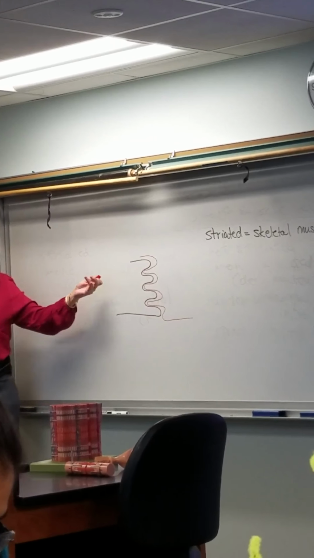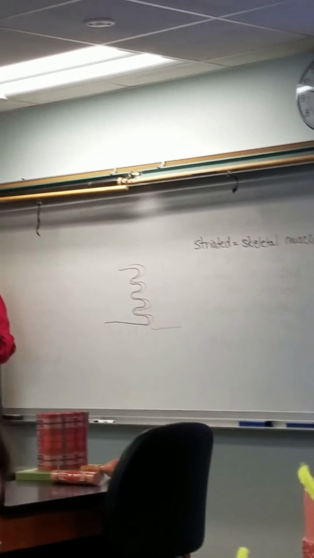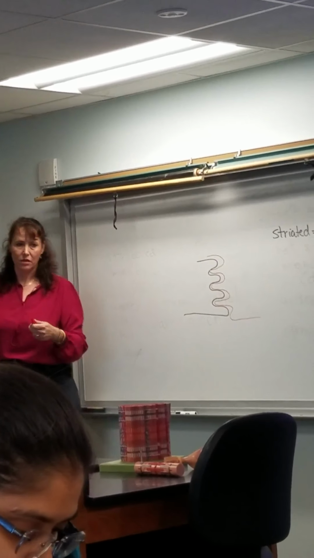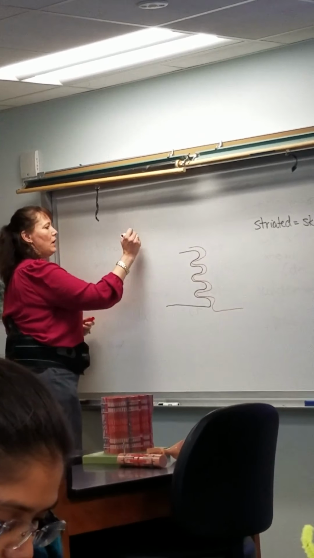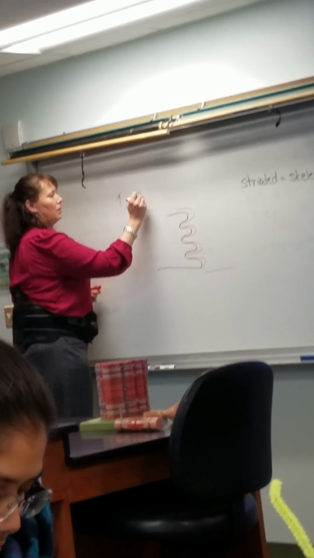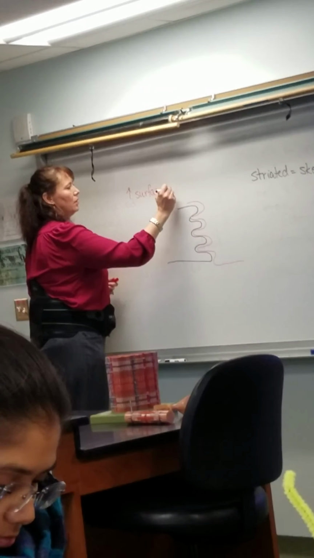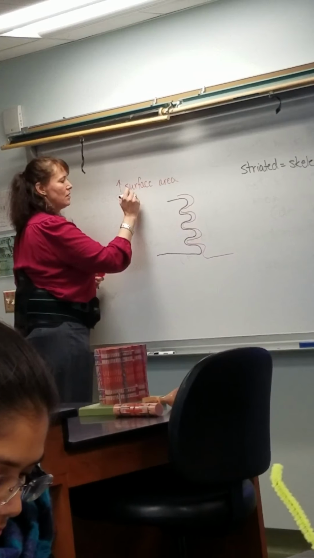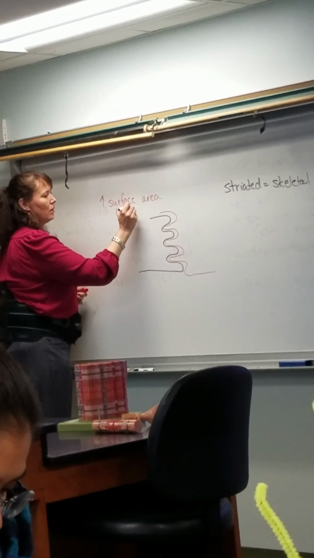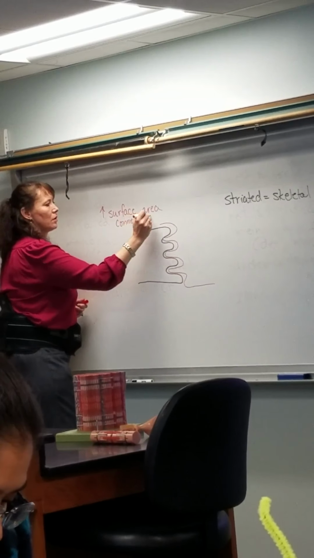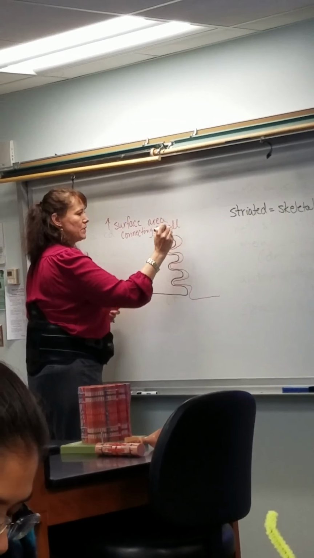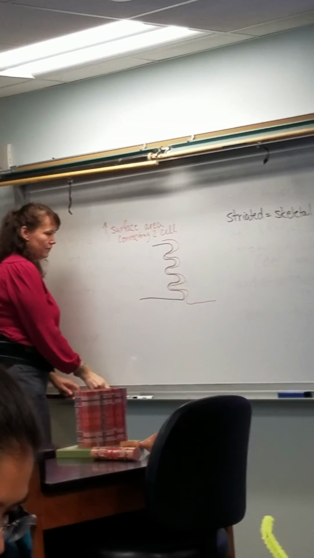What do you think this does? It's going to strengthen the connection because we have an increased surface area connecting the two cells. So it's going to help strengthen the connection.